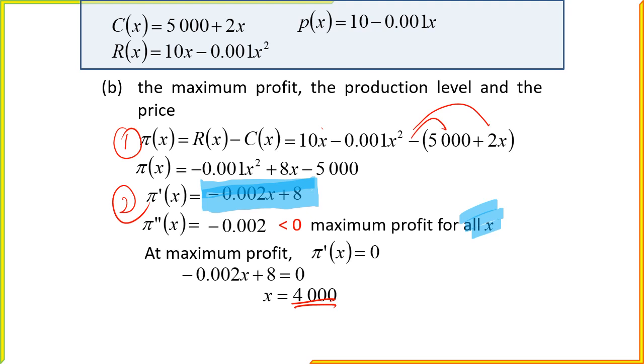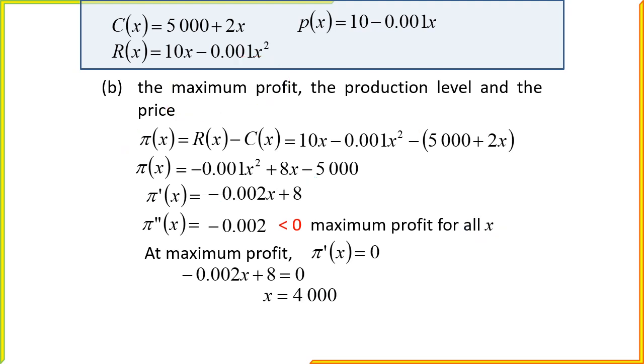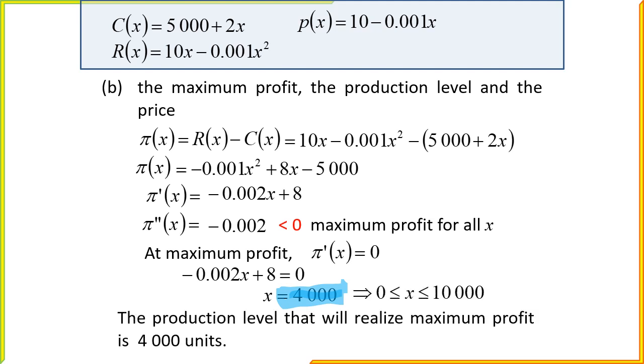Okay, so what is the maximum profit? We have the x already, so we just need to substitute the value of x into the profit function to find the profit when we sell 4,000 products. The question says that the production level at which we realize maximum profit is 4,000 units.